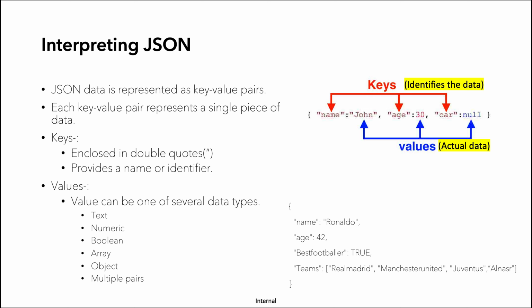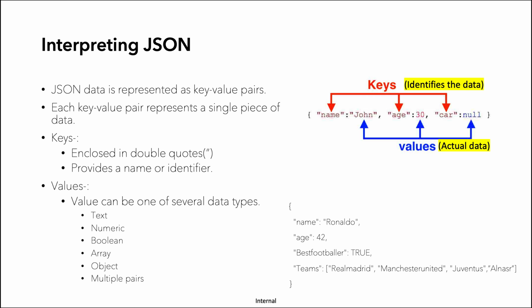These values represent a person's name, age, best footballer, and a list of some of the big clubs he played for respectively. The first two key value pairs end with a comma, meaning that another key value pair should follow. The curly brackets that begin and end the JSON data denote a single JSON object.